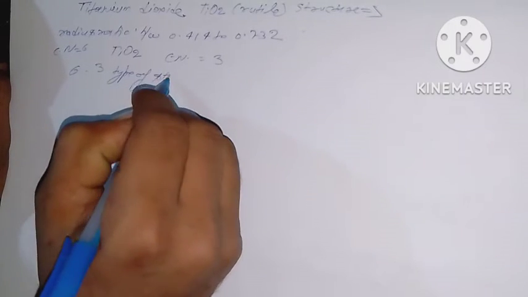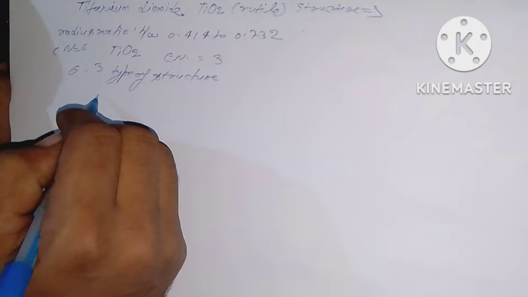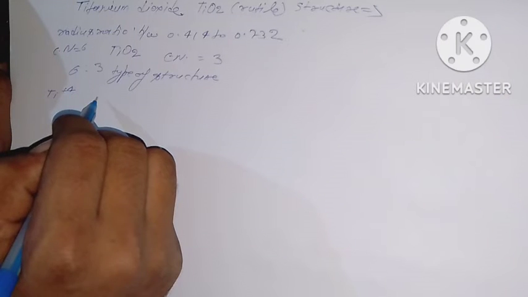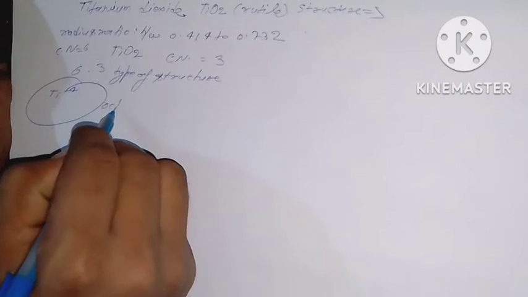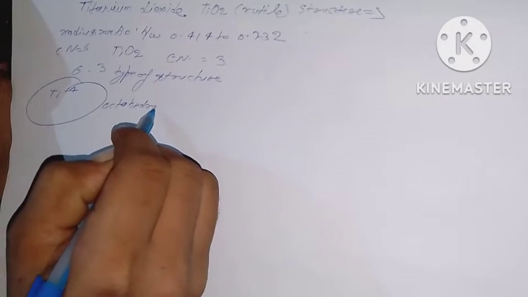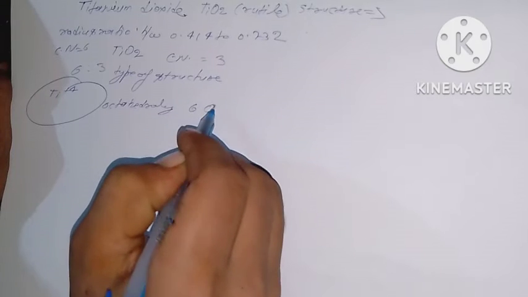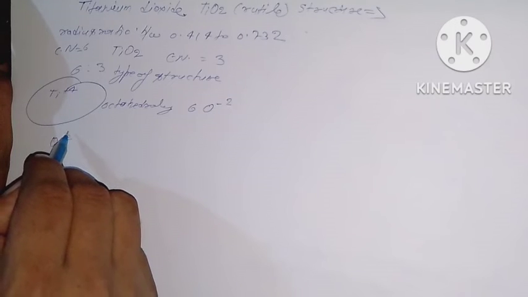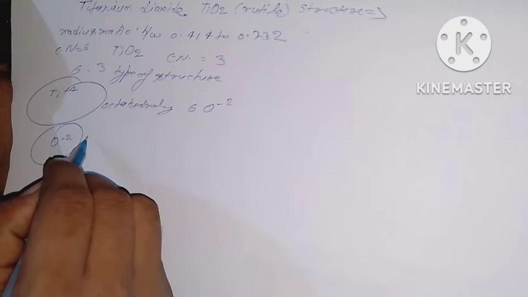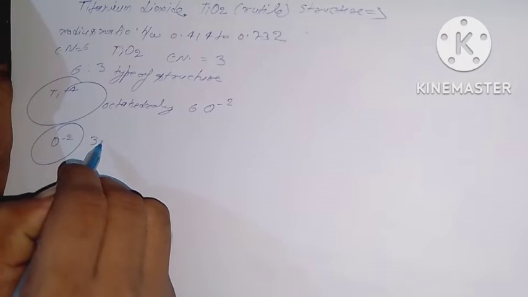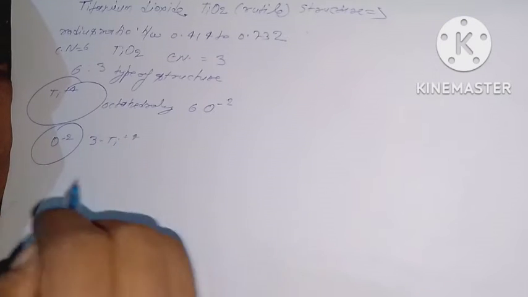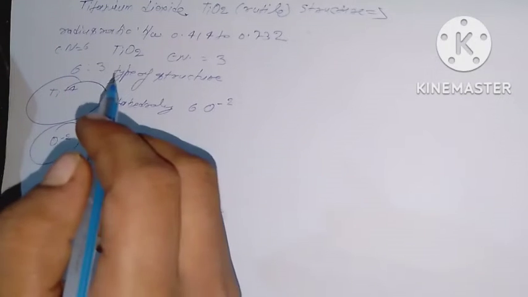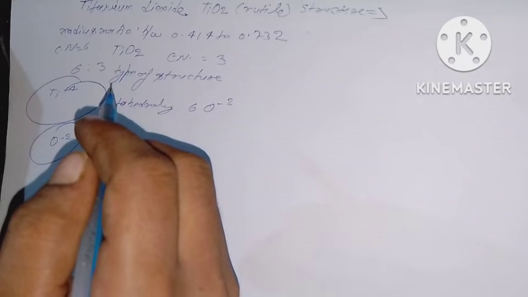Each titanium ion is octahedrally surrounded by 6 oxygen negative ions, and each negative ion has three titanium positive 4 ions around it in a planar triangular arrangement. The structure of titanium oxide has been shown.